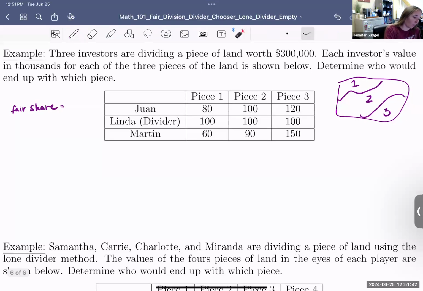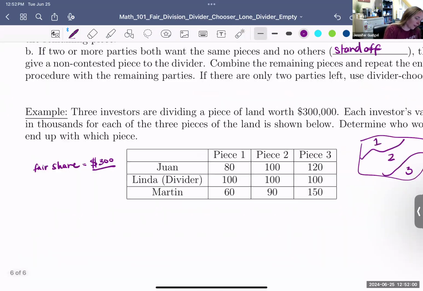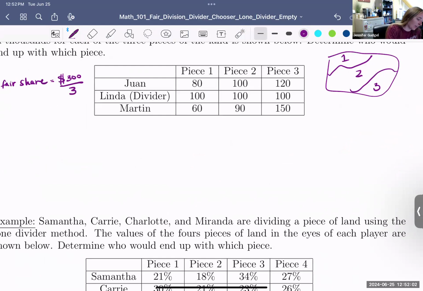That's because the whole piece of land is worth 300,000. I'm just going to write 300 since that's what the numbers are in, divided by the number of people: one person, two person, three people. So a fair share is $100,000.